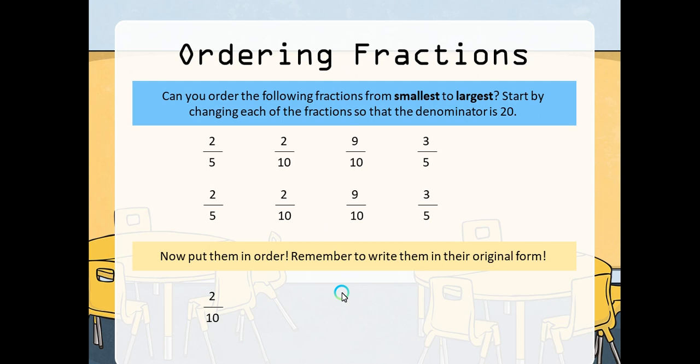The smallest is 2 over 10, followed by 1 over 10, followed by 2 over 5, followed by 3 over 5, followed by 9 over 10.